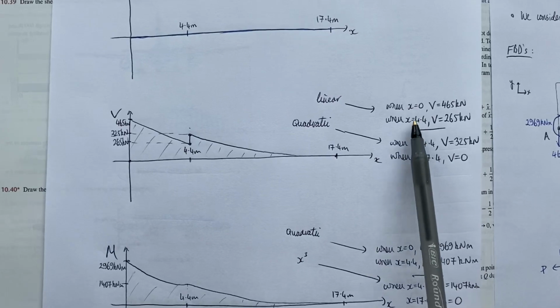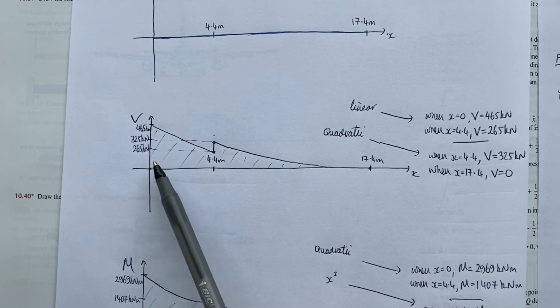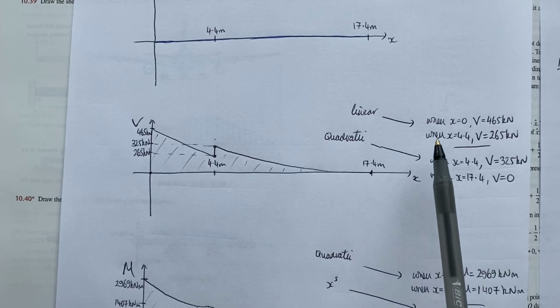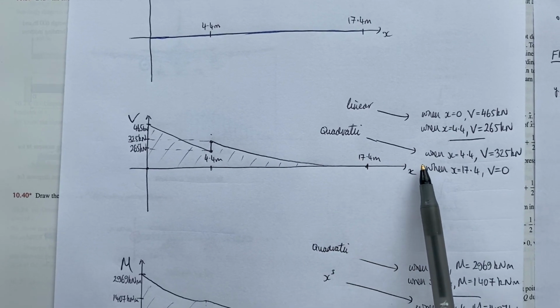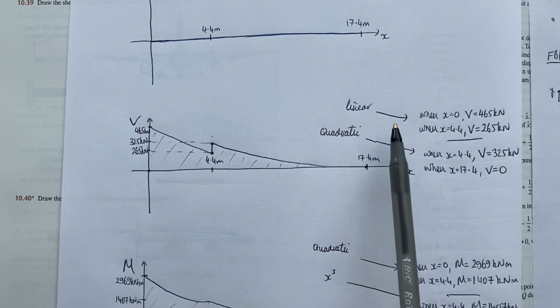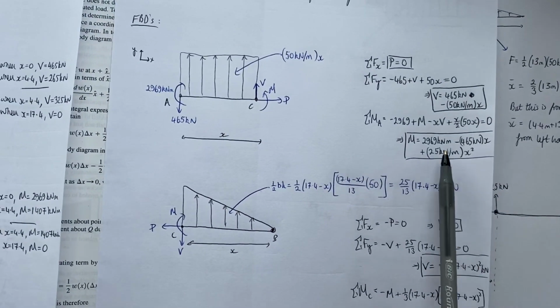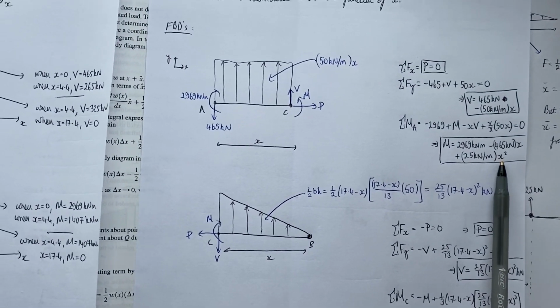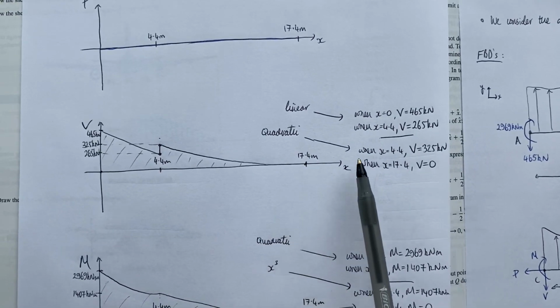So that's what I've done over here. I've plugged in the lower and upper bound for each of those cuts on either side, and then I've just made note of what the shape of those lines will look like. So this was linear, remember, because it just depended on x, and this was quadratic because it depended on x squared, right? So I've sketched out what that should look like.